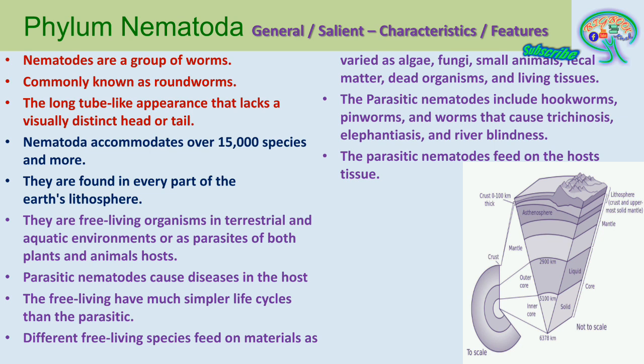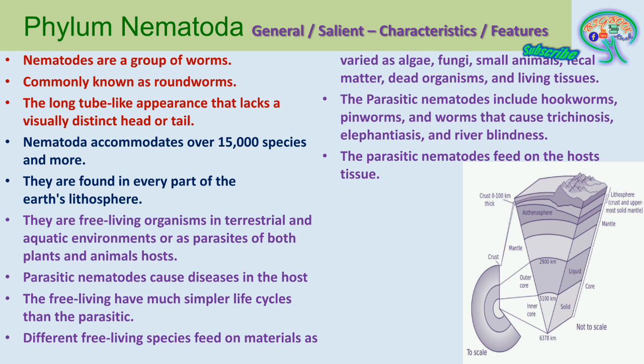These free-living species feed on materials as varied as algae, fungi, small animals, fecal matter, dead organisms, and living tissues. These are the nutrition sources for free-living nematodes.